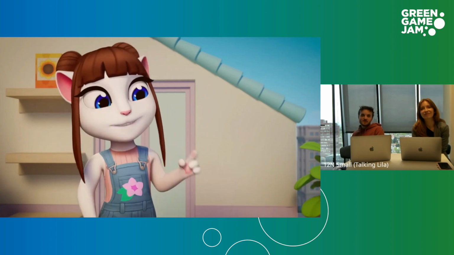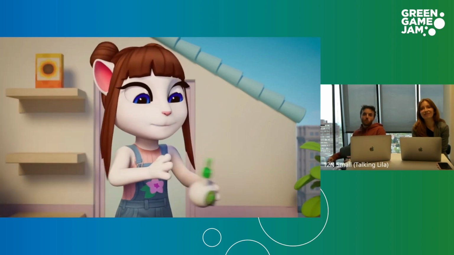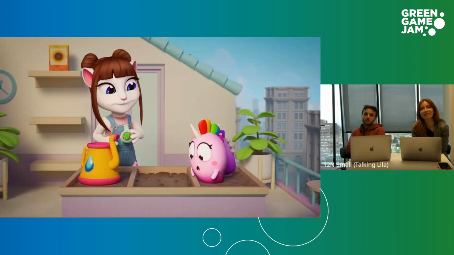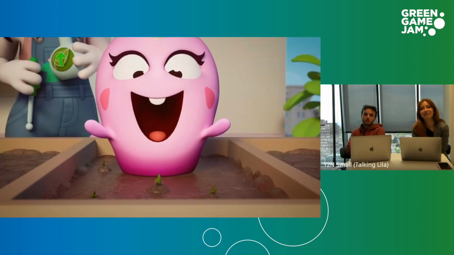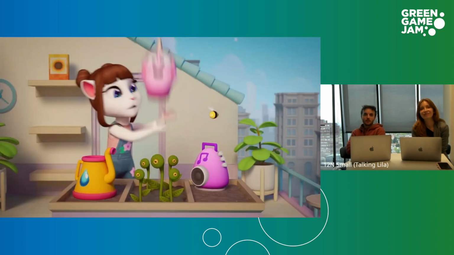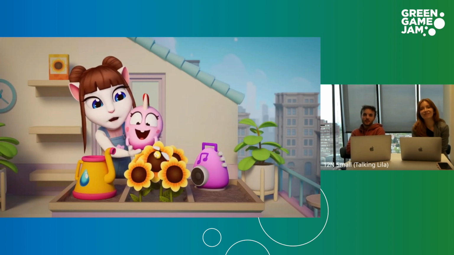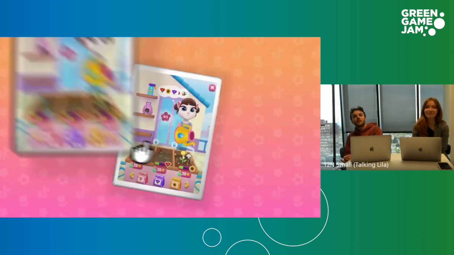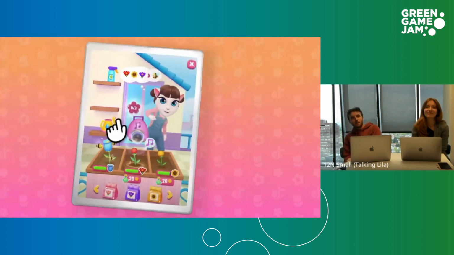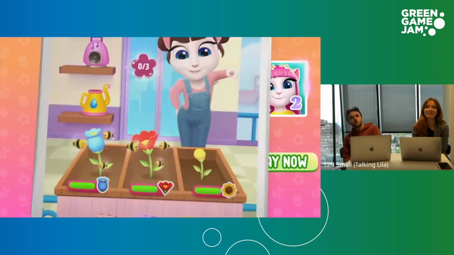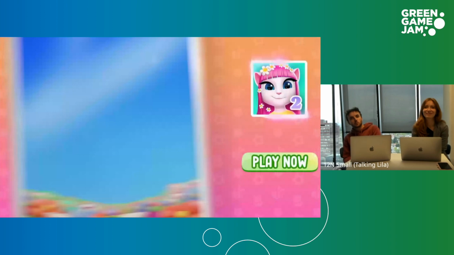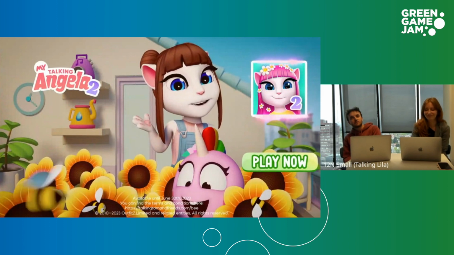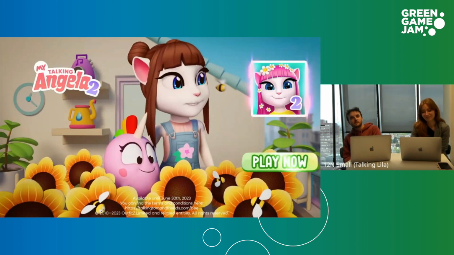Okay, plan B. Whoops! Hooray! Unbelievable! Let's start gardening. We have to take care of the flowers every day. Make them bloom and save the bees. Don't miss out on a special code to get 2,000 coins and make your garden pop. Start playing My Talking Angela too and make a difference, because every beat counts.